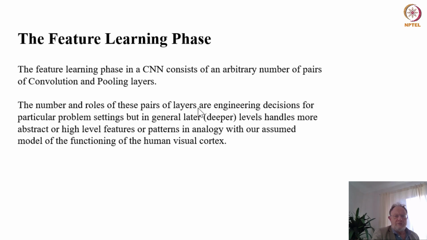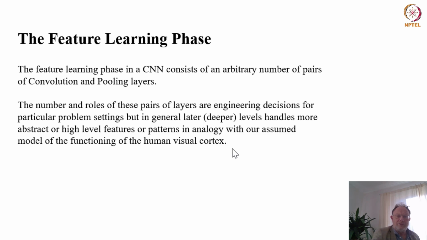The number and roles of these pairs of layers are engineering decisions for typical problem settings, but in general, later, deeper levels handle more abstract or higher level features or patterns. That's in analogy with our assumed model of the functioning of the human visual cortex, which also has these layers that systematically look at more complex features.